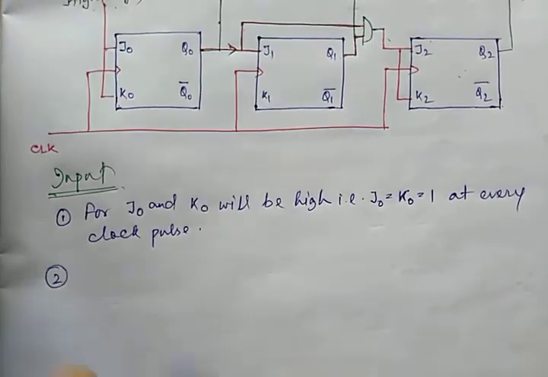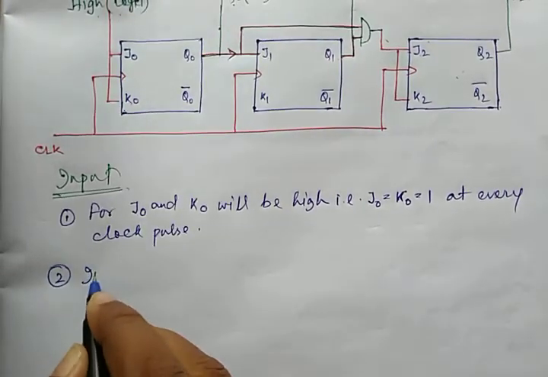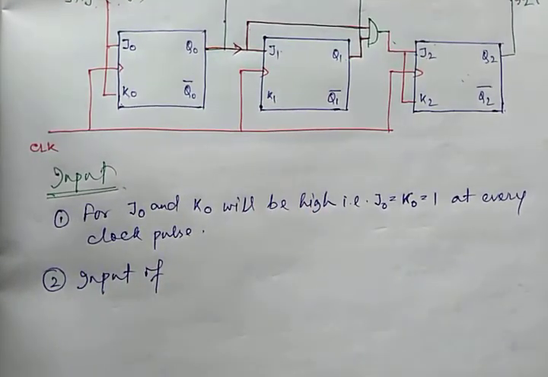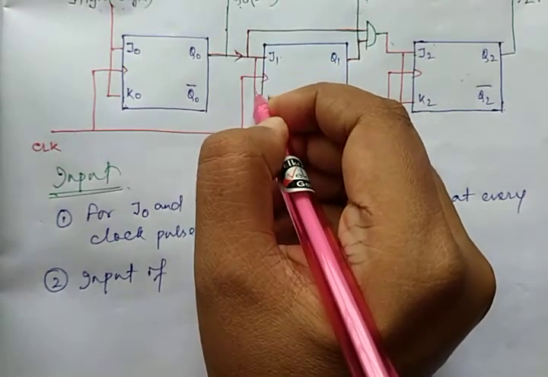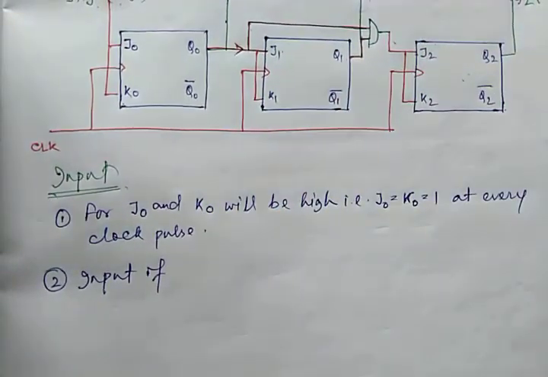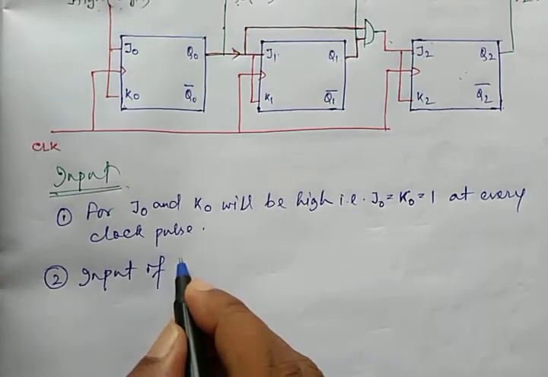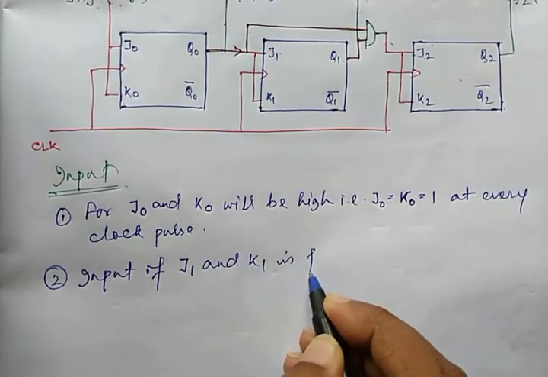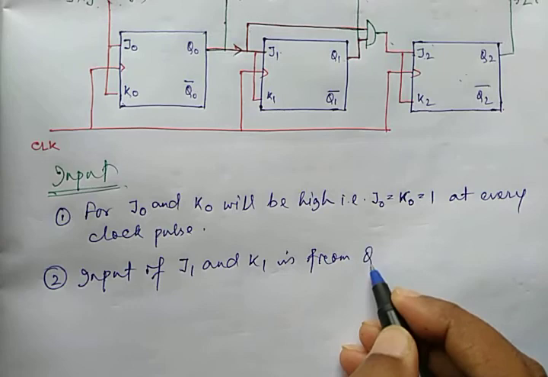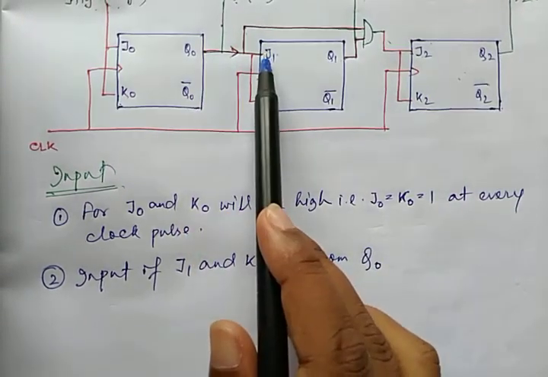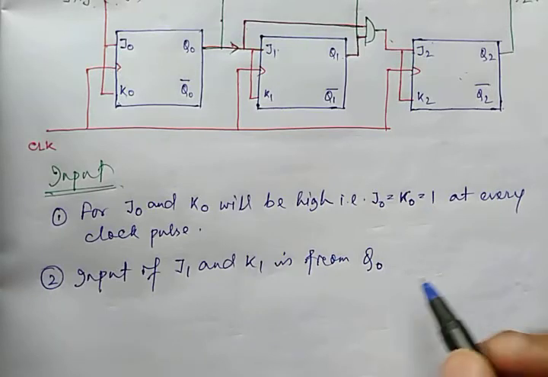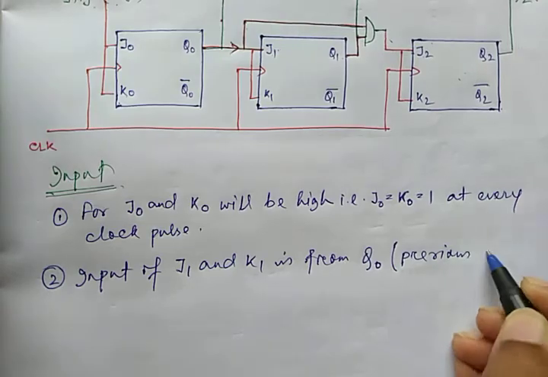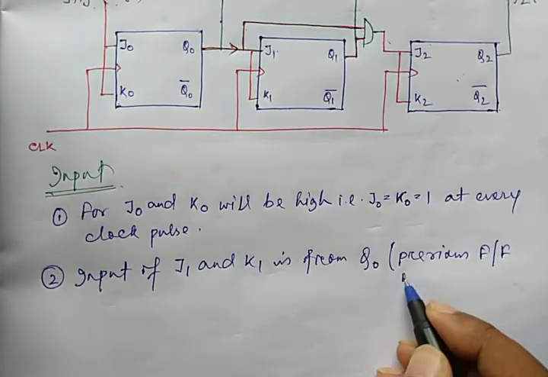Our second point is the input of J1 and K1. Both have the same input value. So the input of J1 and K1 is from Q0. J1 K1 gets its input from Q0, which is the previous flip-flop output.